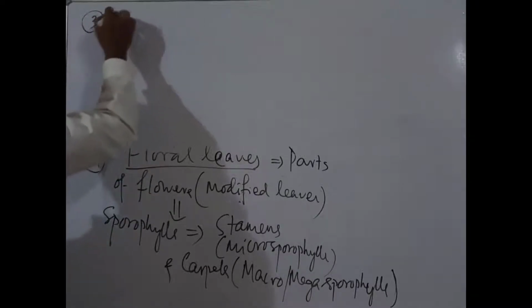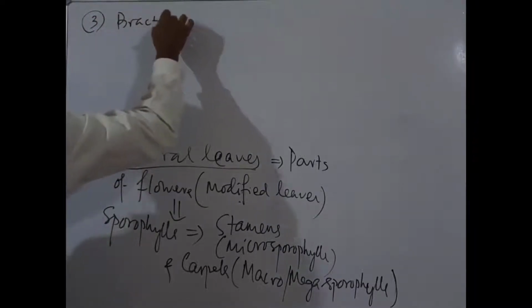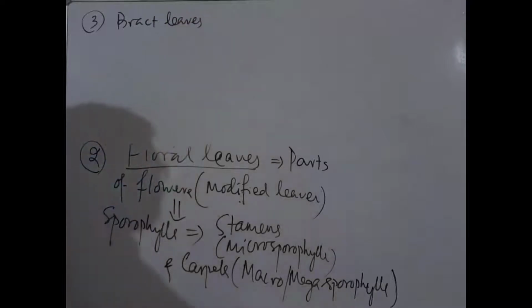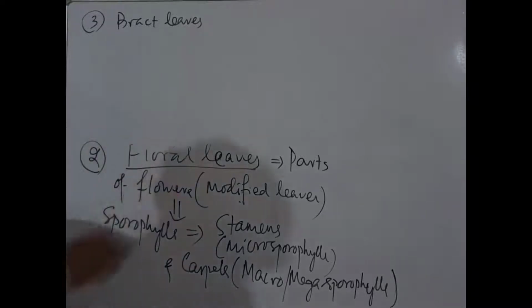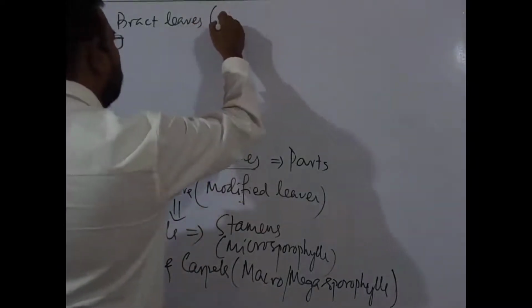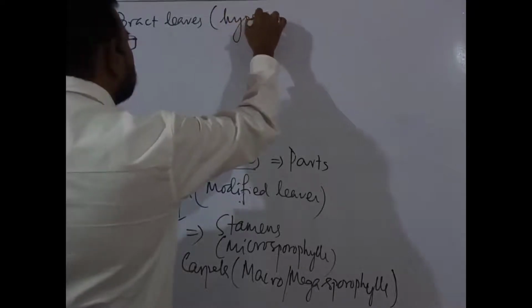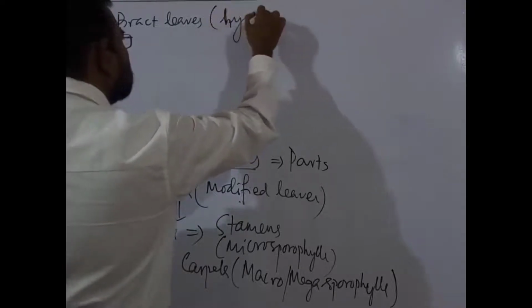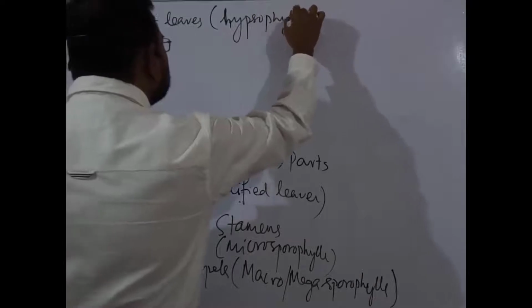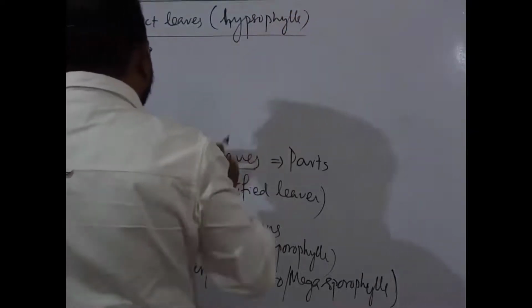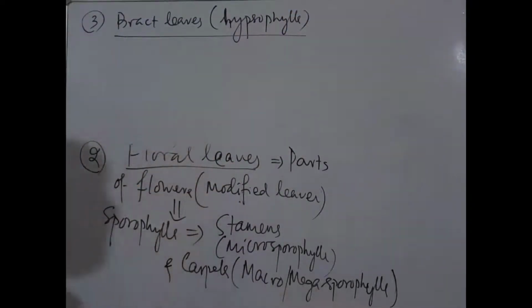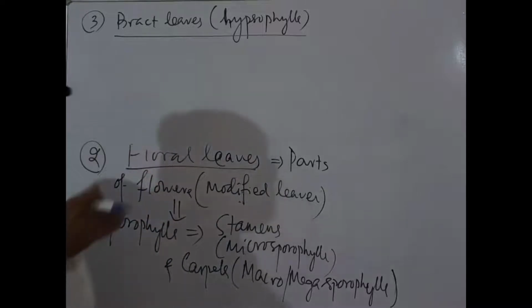Bracts are also a kind of leaves present below the flowers, and the bract leaves are known as hypsophylls. They are very small, green structures present at the base of the pedicel.